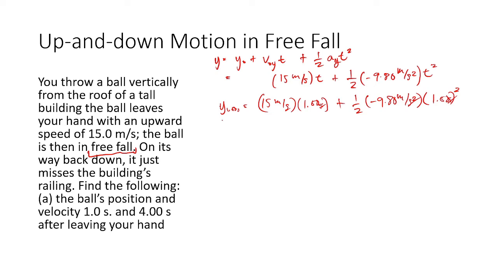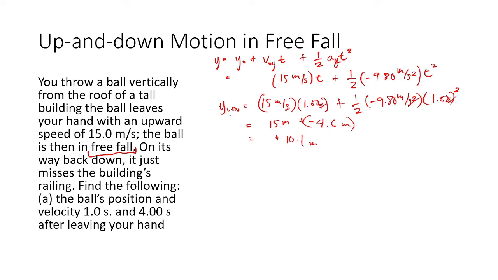Okay, so we will have here 15 meters na lang siya plus 1/2 of 9.8 times 1, that will be 4.9 meters. We have there negative, sorry. We have there negative, so this will be 15 plus negative 4.9, that will be a positive 10.1 meter.